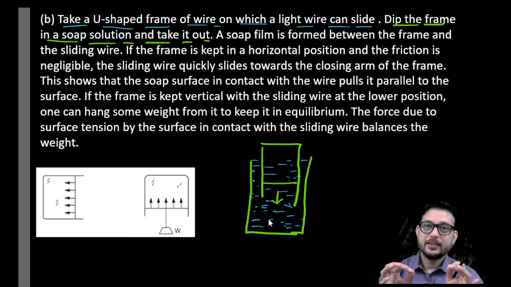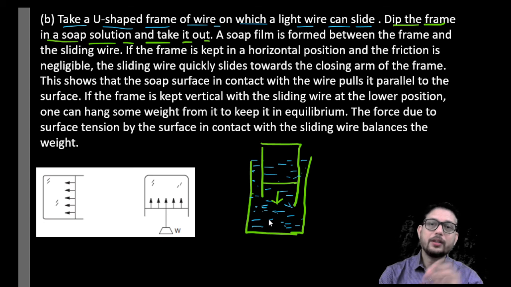Because if there is any trembling or shivering in your hands, then this demonstration will not go through properly. So we have to take care of the sensitivity of the demonstration. This is a very sensitive experiment, so take care of it.